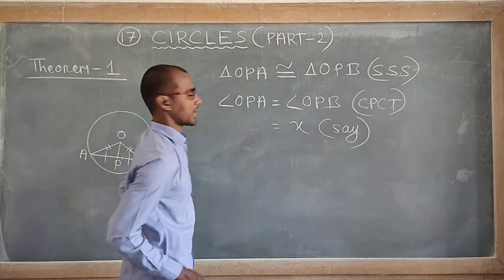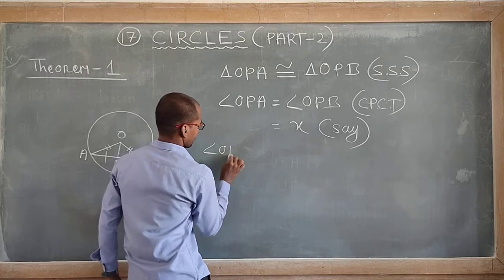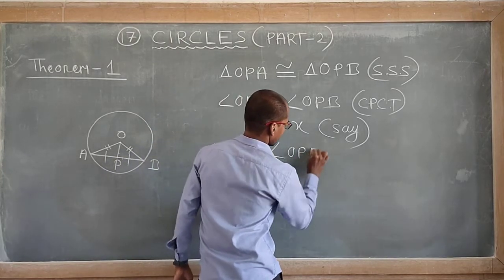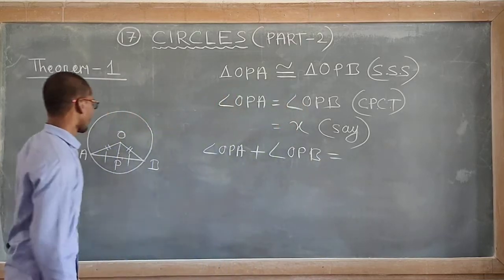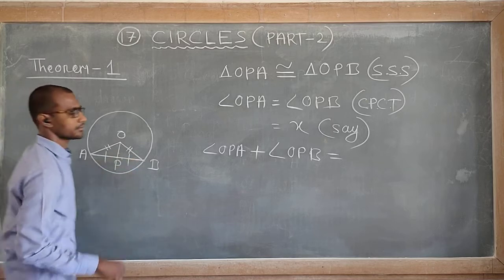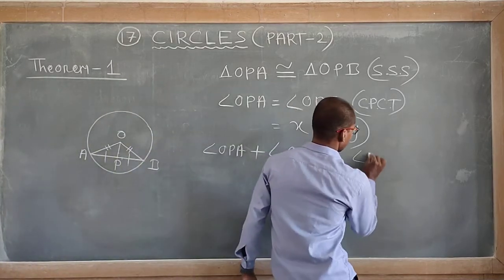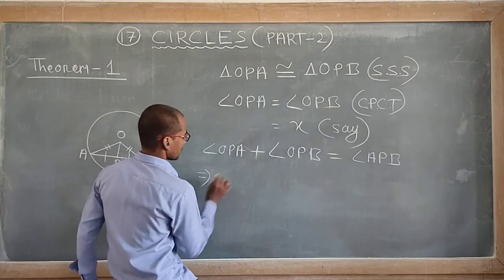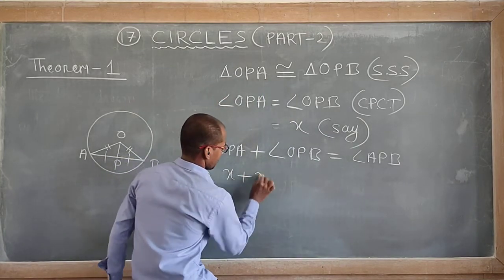Now let us add these two angles. Look at the figure. Angle OPA plus angle OPB is equal to angle APB. These two angles are x each.